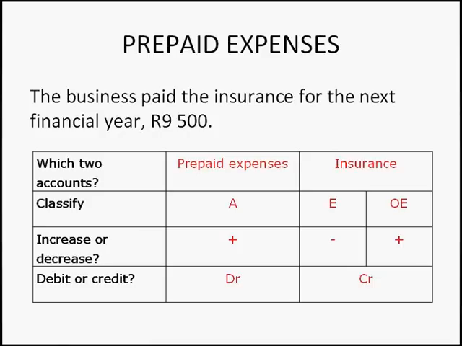So the actual account in the general ledger, the insurance expense account, will decrease, which means that it has the opposite effect on my owner's equity, and therefore owner's equity will increase. If I want to do the journal entry, I need to decide what will be debited and what will be credited. Prepaid expenses will be debited because an asset increases on the debit side, and insurance will be credited because an expense decreases on the credit side.